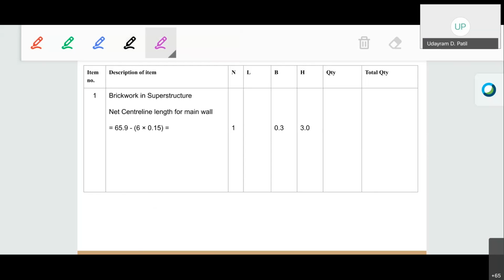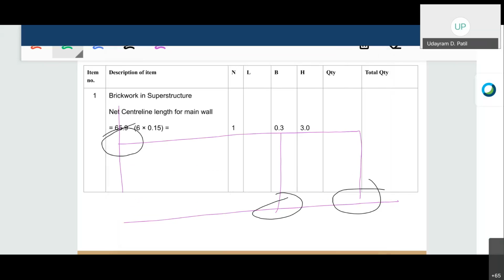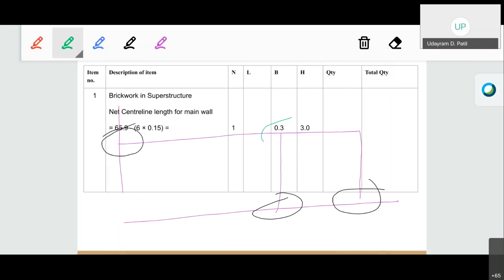For the back veranda, there are a total of 4 junctions, so for these 3 junctions we deduct 0.15, and for this particular 4th junction we deduct half of the 0.2, that is 0.1.